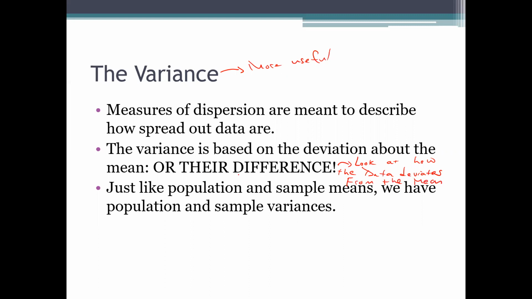Whenever we use the word deviation or deviates, we look at the difference, so it's a little bit of subtraction. And just like the population and sample means, we have a population and sample variance. The notation is just a little different and very important here.